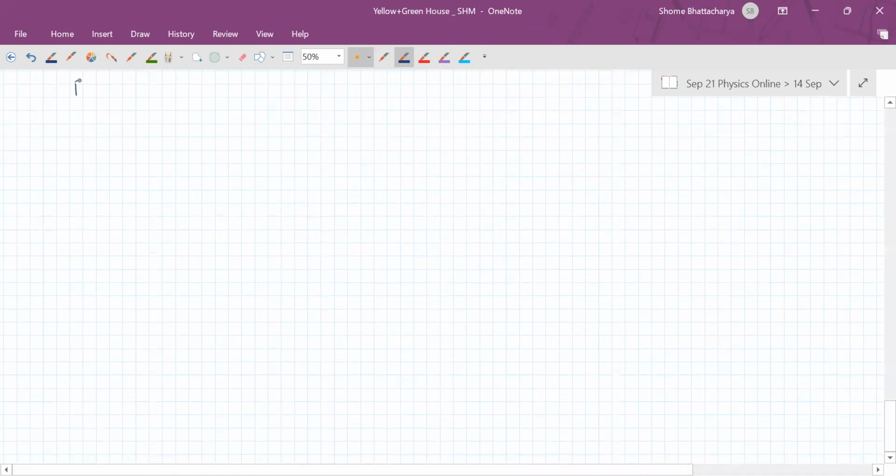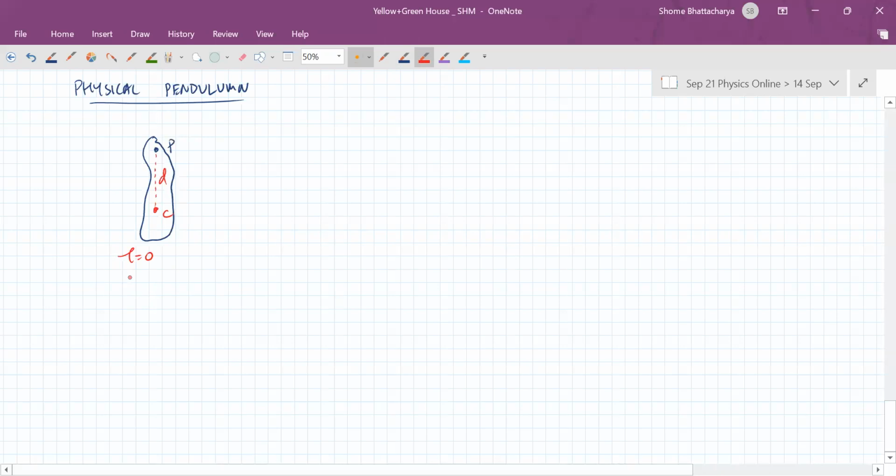So what we've seen about the physical pendulum is that, let's say, this is some kind of a rigid body with a hinge at the point P. Now, at a position where the center of mass is vertically below, torque will be zero. So this will be the mean position.